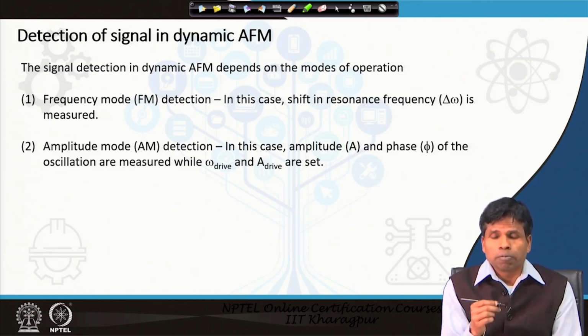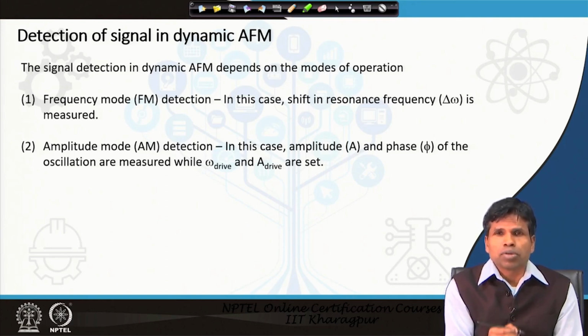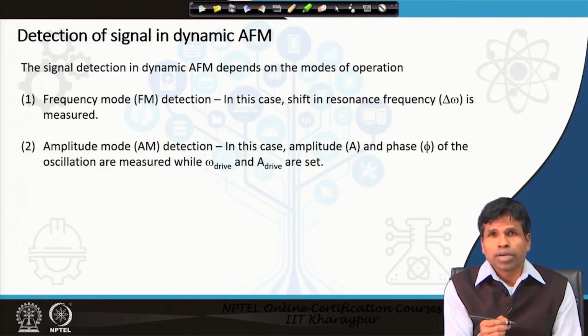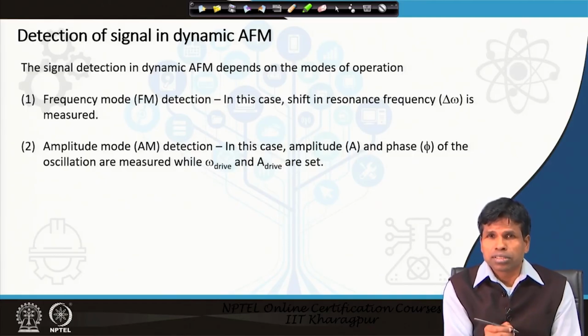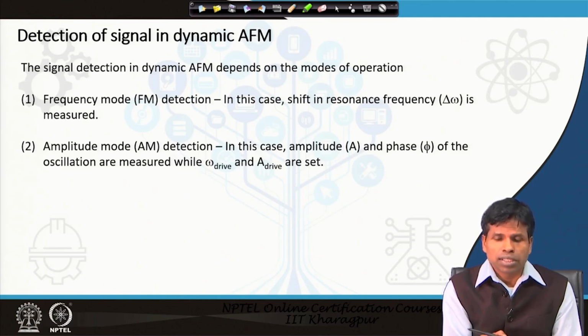So, our cantilever oscillates at its resonance frequency, and once the cantilever or probe has a certain tip sample interaction, the frequency may shift to a lower value or to a higher value. By measuring how much shift occurs and in which direction, we can measure the tip sample interaction, and that can be used for creating the images.